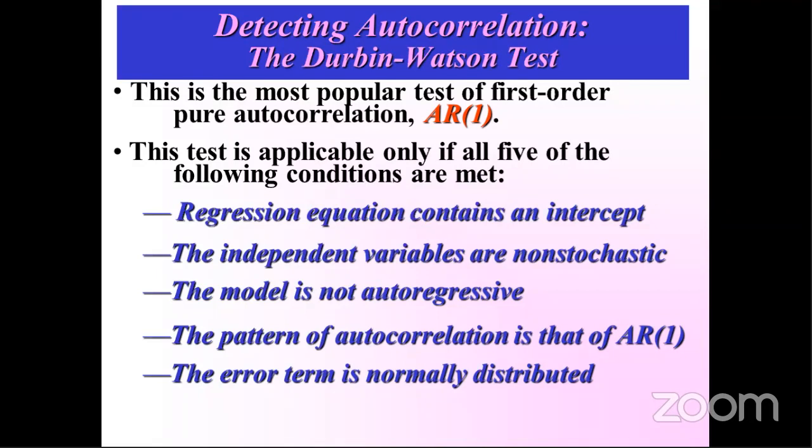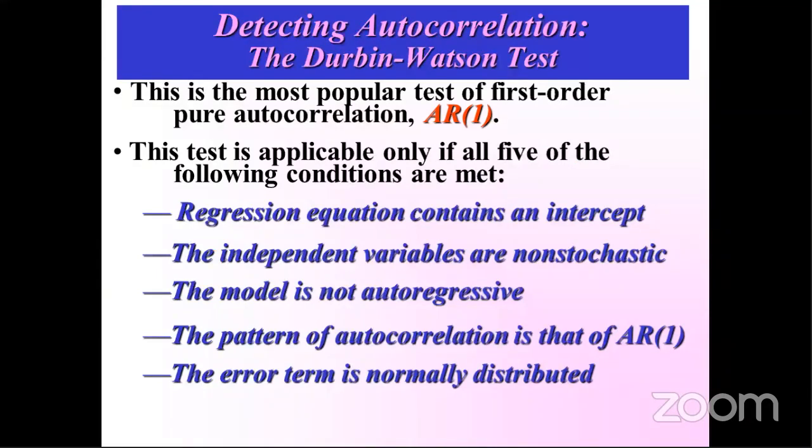After having the knowledge of these consequences, since the consequences are severe, in the sense that our OLS estimators are not best linear unbiased estimators, our F test is not reliable, our T test is also not reliable, and our goodness of fit, that is R square and adjusted R square, are also not reliable, which implies that our regression itself is not reliable. Our results are not at all valid.